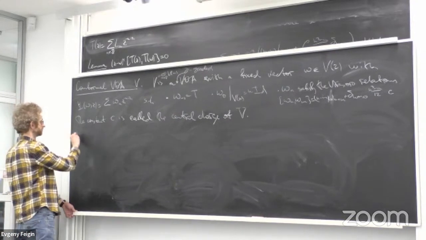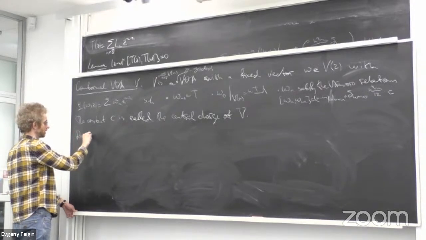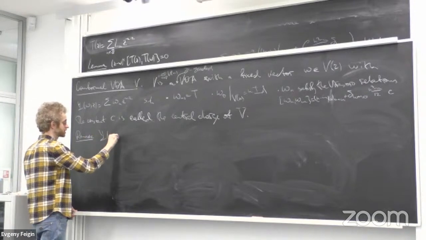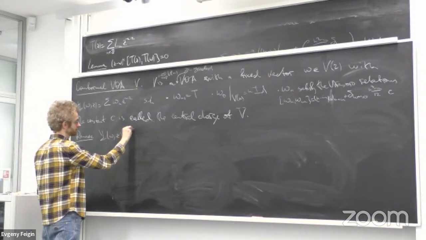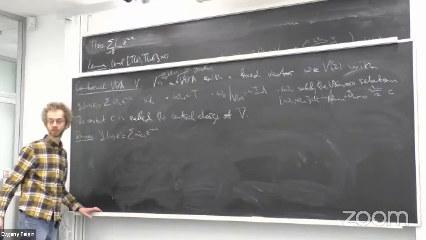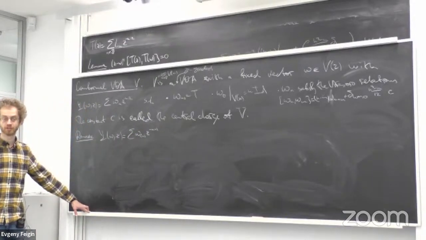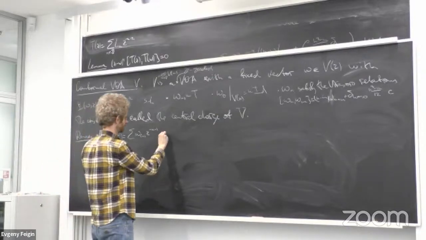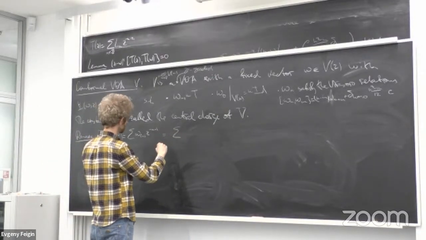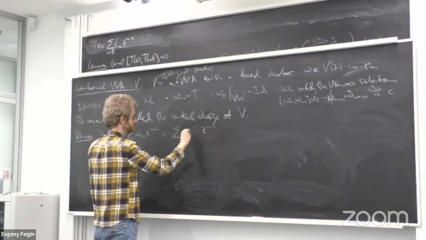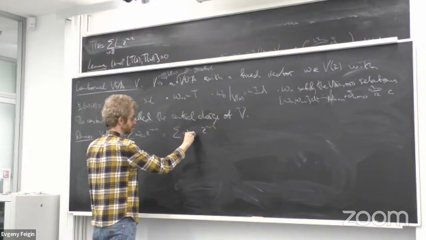One remark about the notation. You remember our general convention was that Y of omega, z is the sum of omega n z to the minus n minus 1. This is the general pattern for how we denoted the vertex operators. So here let's rescale, saying that it's z to the minus n minus 2, and we put n plus 1.